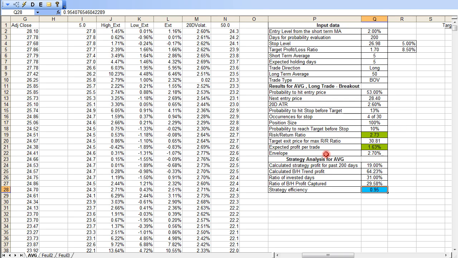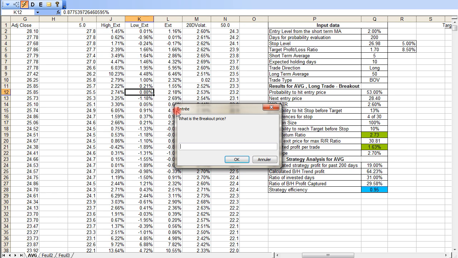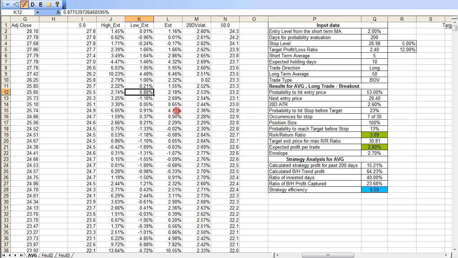It's not as good, but it's still good. If I take 10 days as expected holding days, the risk return ratio increases because you give more space to the trade, and because also your stop is higher, so everything is fine.